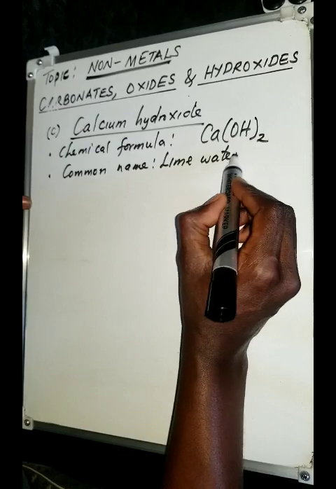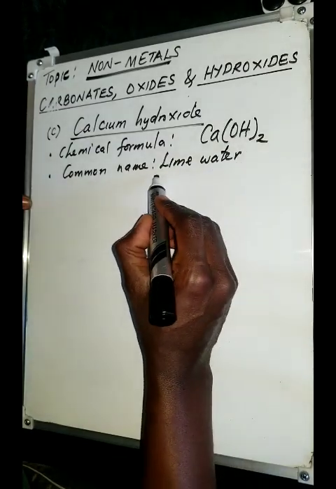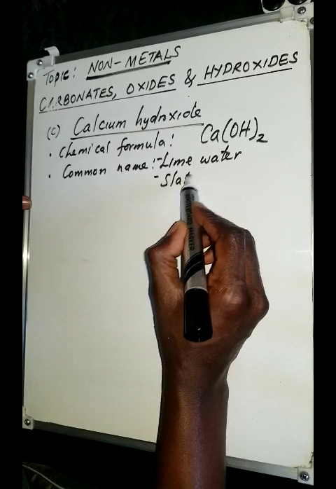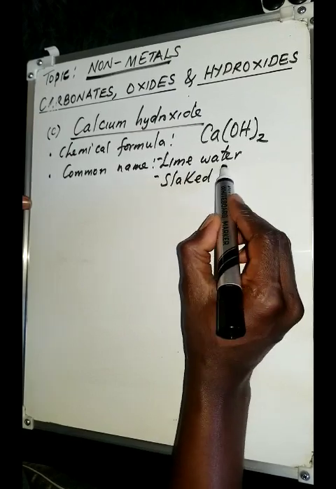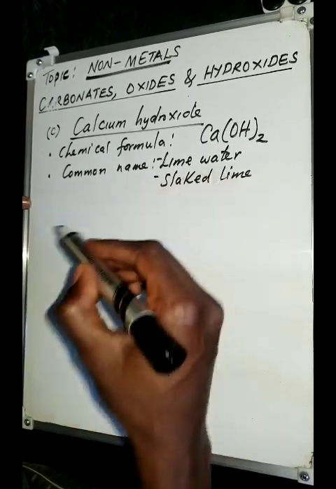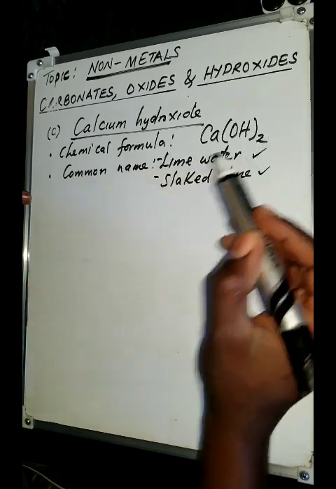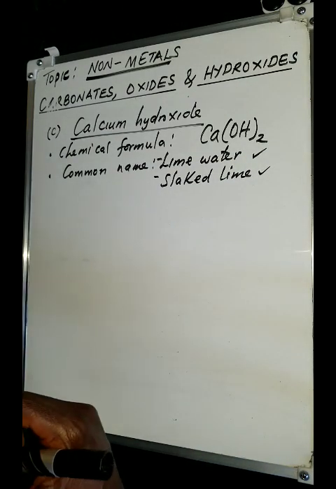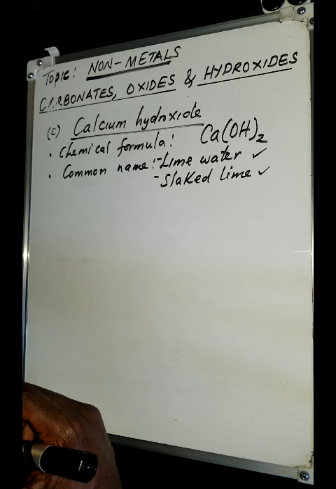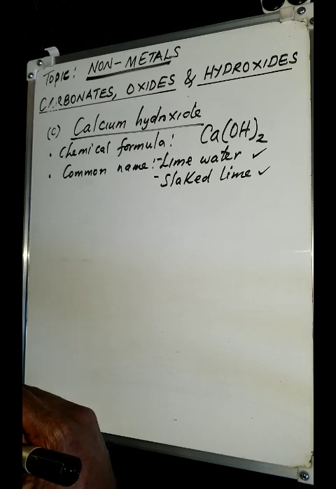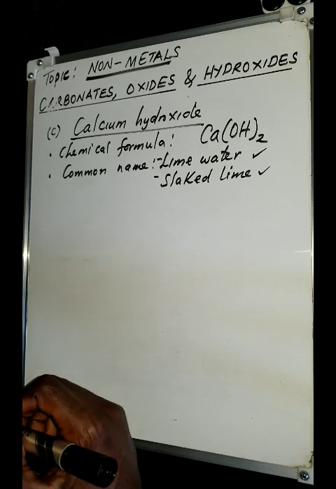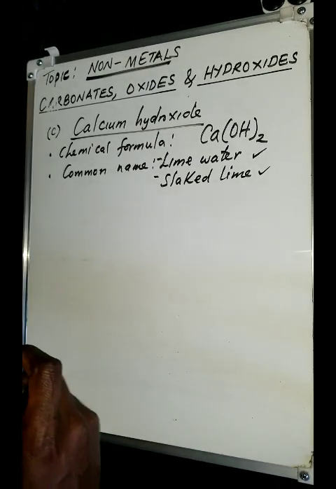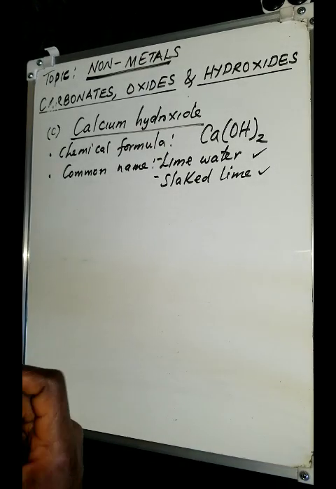So when you hear of lime water, and sometimes instead of lime water it is also called slaked lime, then they are simply talking about calcium hydroxide. So that is what you need to remember about calcium hydroxide. So the common name, or if you want, you can refer to it as a special name.